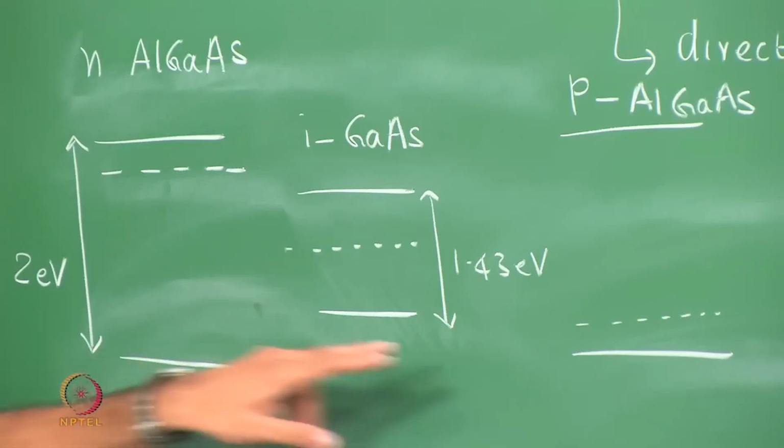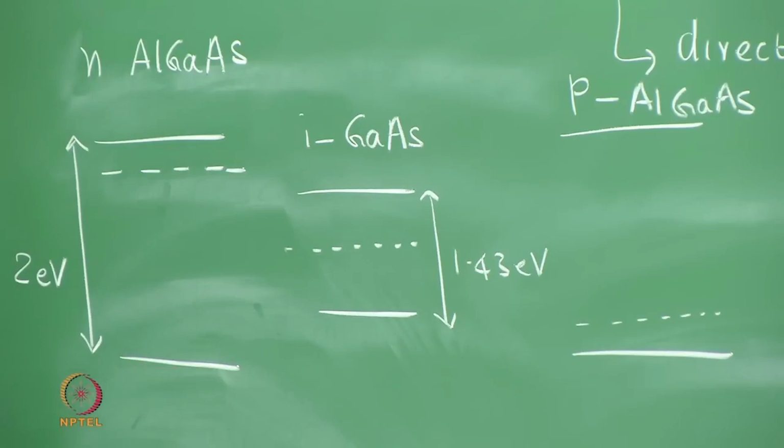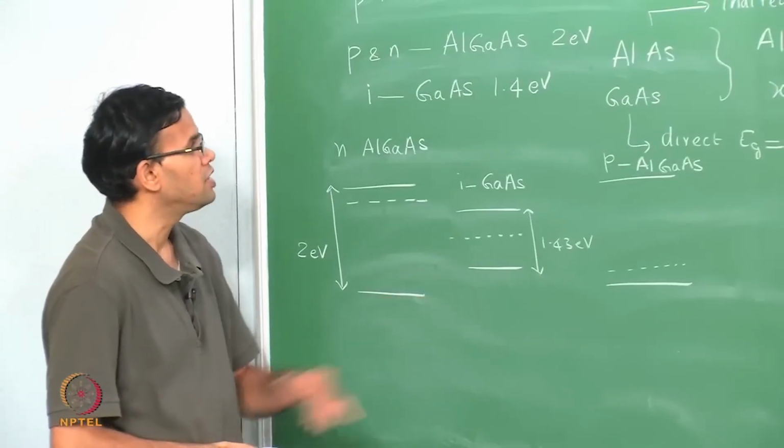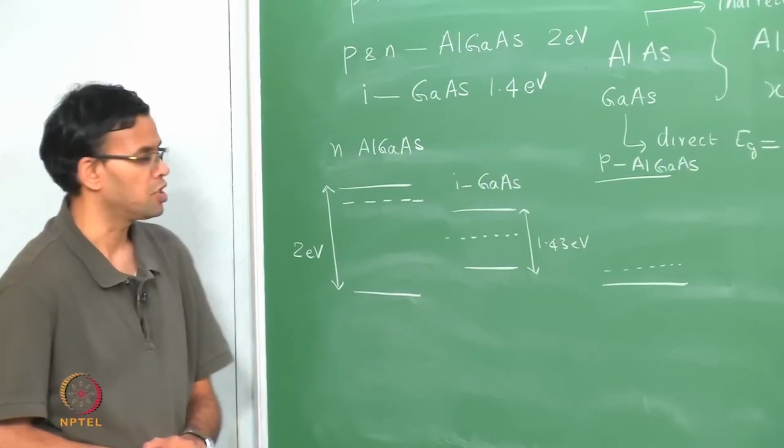So, now we form a junction. So, we have two junctions and these are different materials. So, it is a heterojunction because we have two of these, this forms your double heterojunction.